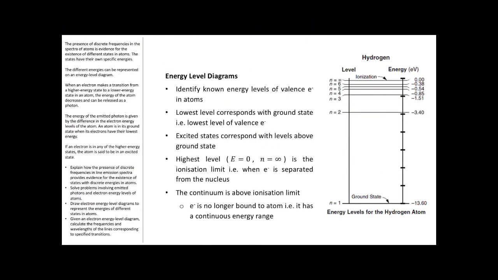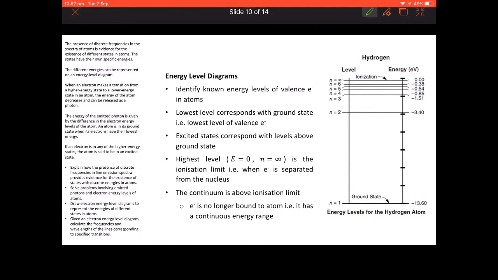Let's now look at energy level diagrams. So we've got the energy level diagram for hydrogen on the right. These identify the known energy levels of valence electrons in atoms. The lowest level, so n equals 1, corresponds with the ground state, so the lowest level of valence electrons.